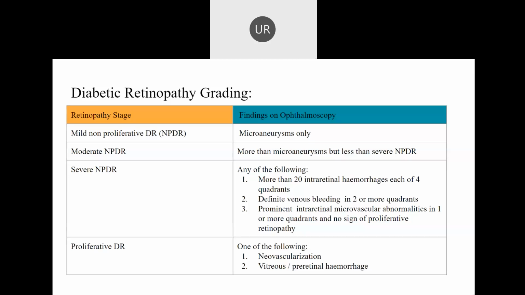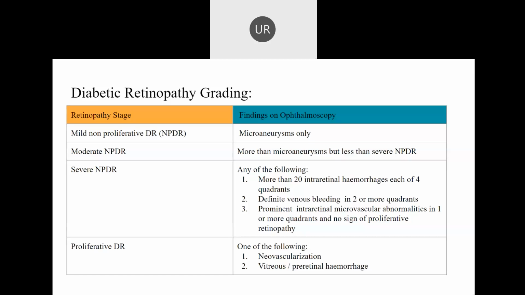For example, in moderate non-proliferative diabetic retinopathy, on fundoscopy they would have microaneurysms, dot and blot hemorrhages, and the presence of exudates, but it would be less than the presentation in the severe.